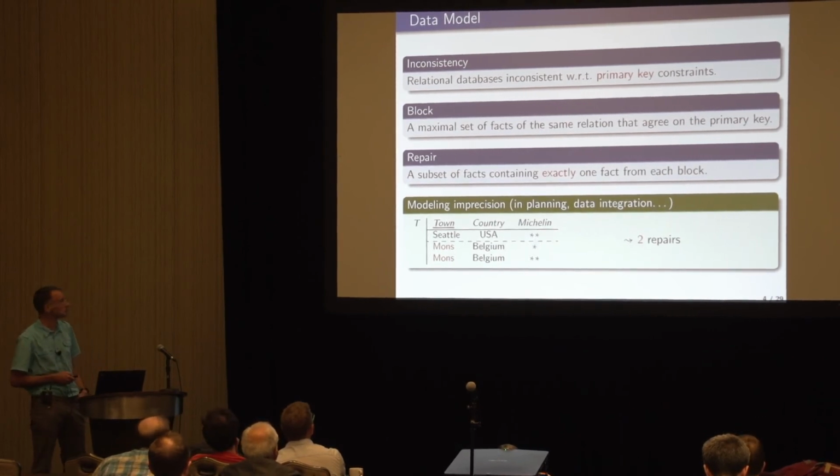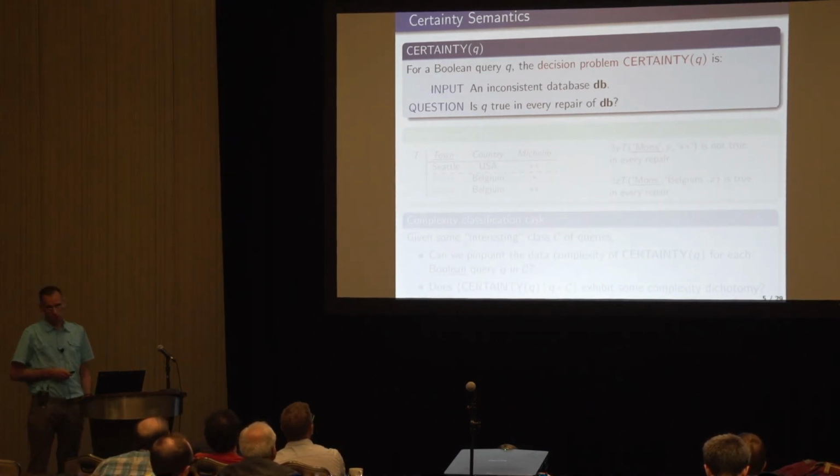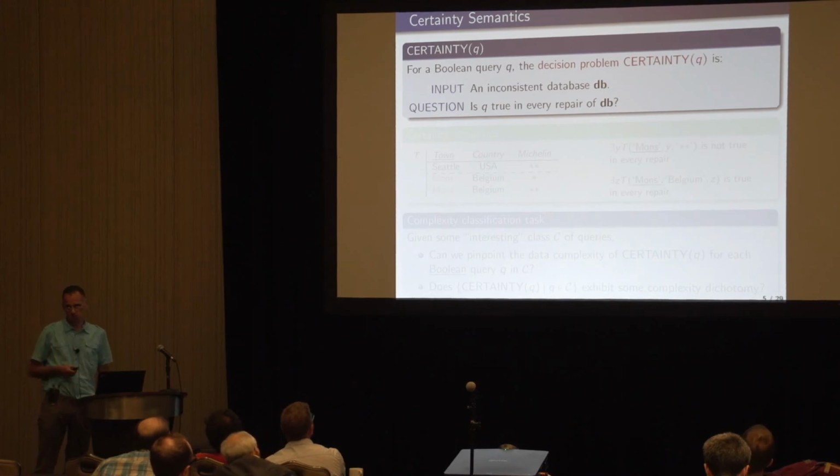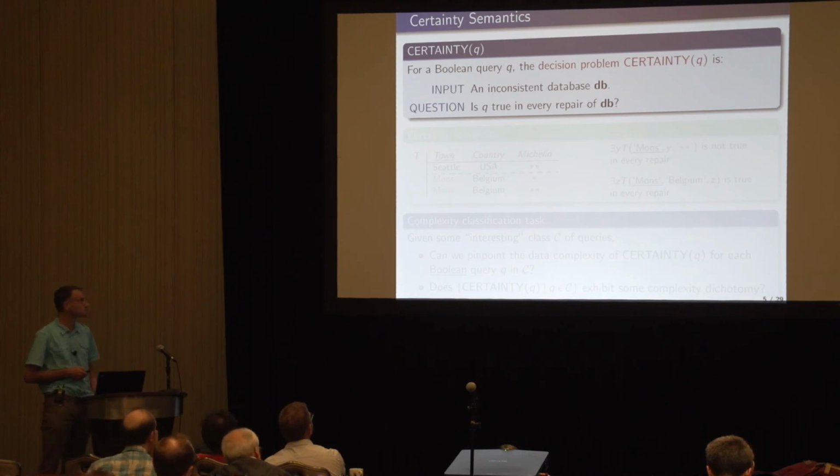It's very simple. Now the problem we are studying is the problem certainty Q, where Q is some fixed Boolean query. The input to the problem is a database that can be inconsistent, so there can be primary key violations. And the question is whether Q is true in every repair of the database.